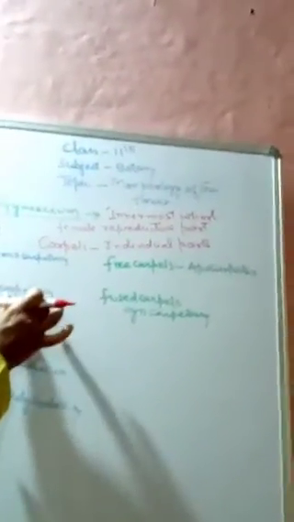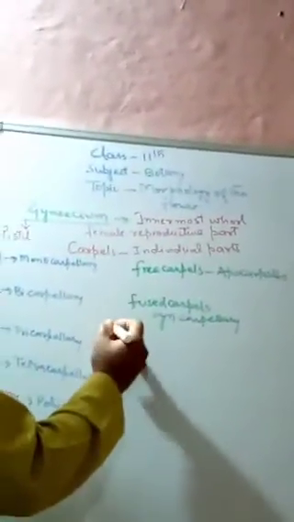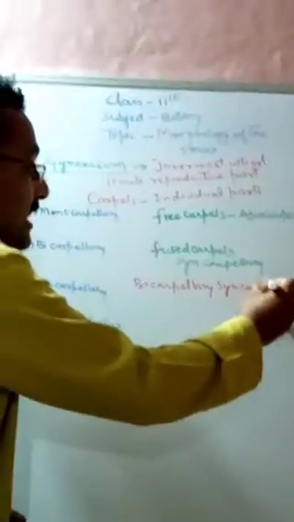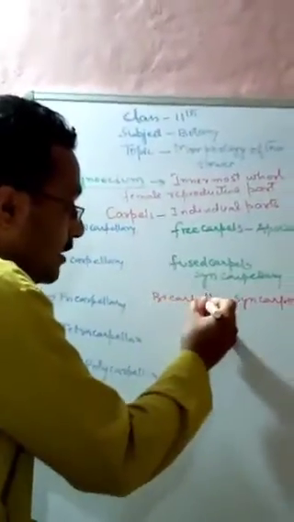For example, if we have two carpels and both are fused, we write bicarpellary syncarpous. That means there are two carpels and both are fused.